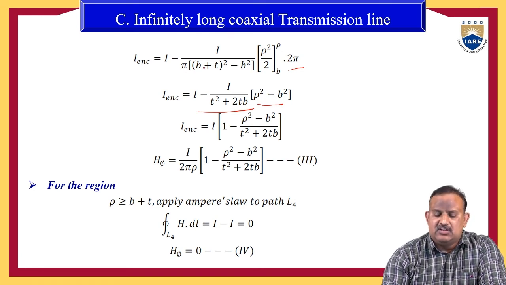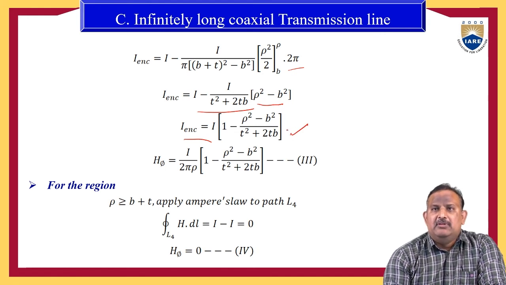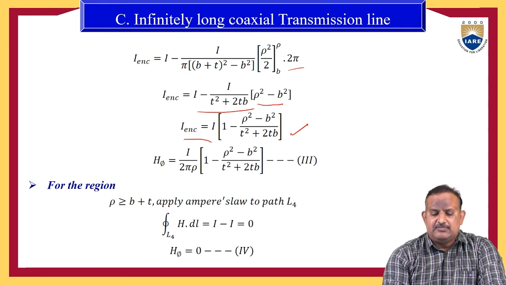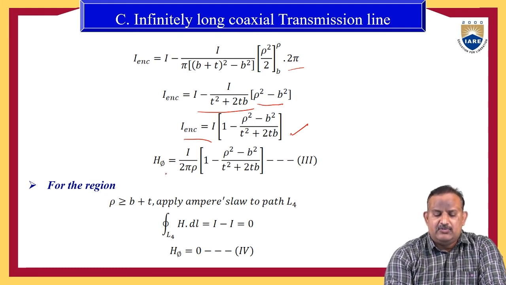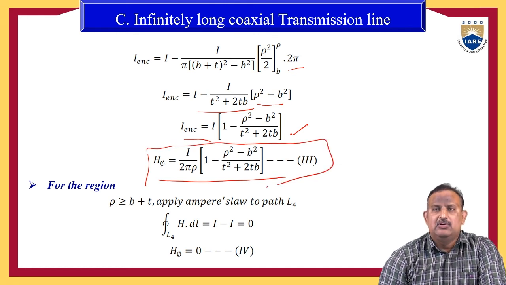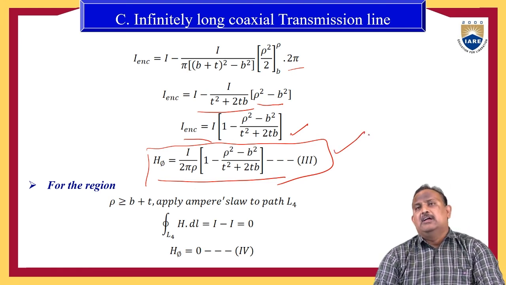So after cancelling the terms, if we take I common, I enclosed is equal to I into 1 minus (rho square minus B square) by (T square plus 2TB). If we substitute the I enclosed in that equation, the magnetic field intensity H_phi is equal to I by 2 pi rho into 1 minus (rho square minus B square) by (T square plus 2TB), which is the expression for loop 3.